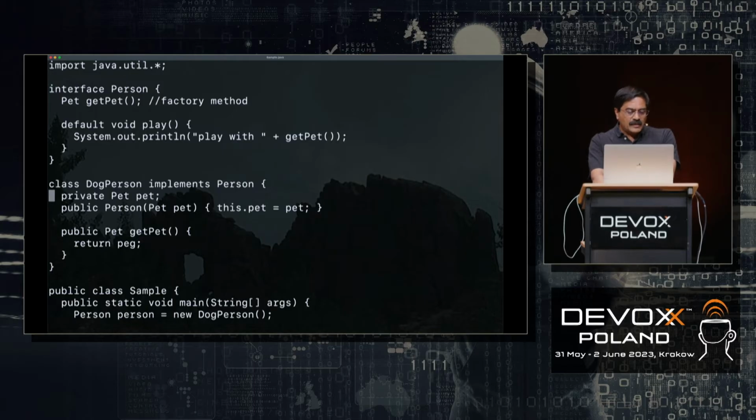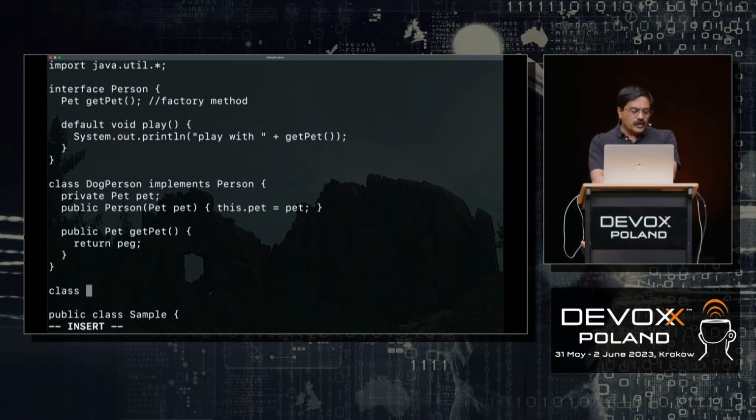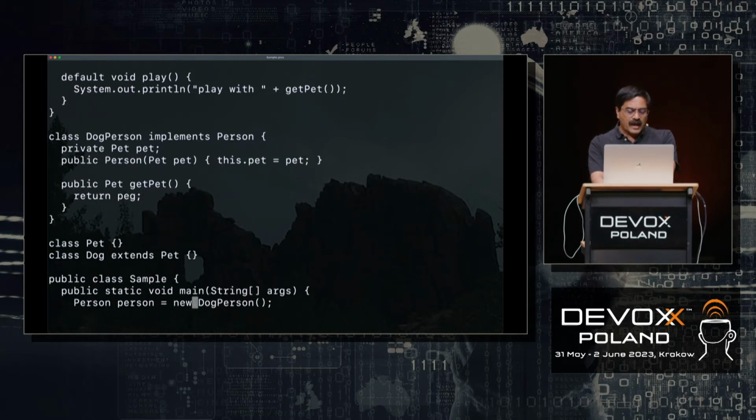So basically, the idea here is you could have a pet, for example, as a class, as a base class, if you will, and you could have a class called the dog, which maybe extends from pet. So you can come down here and say new dog, and the dog person is going to have a dog as a pet.